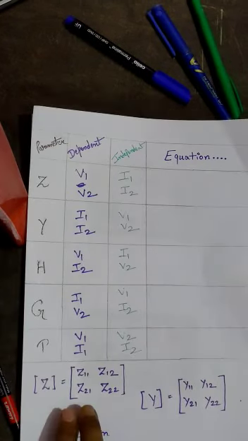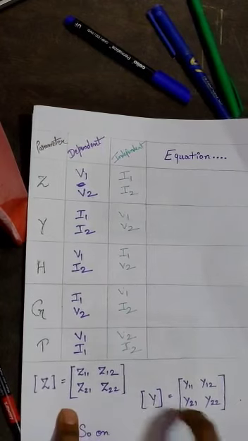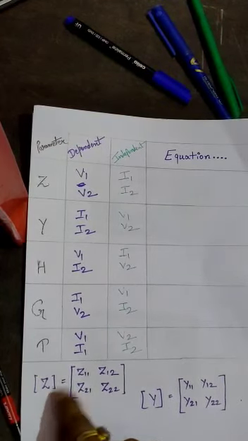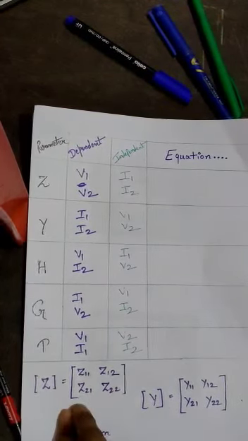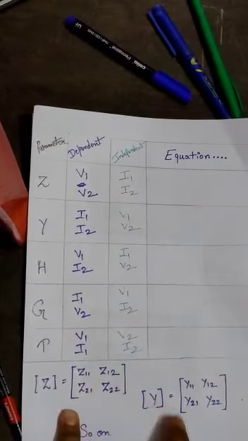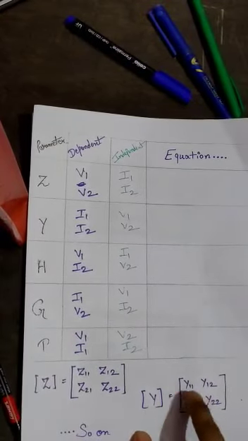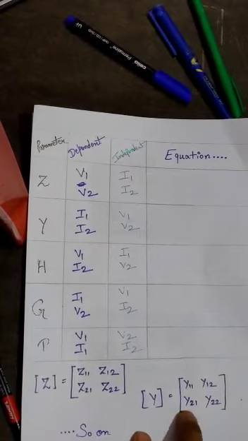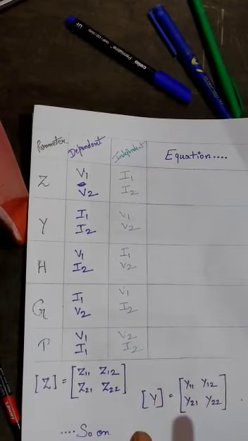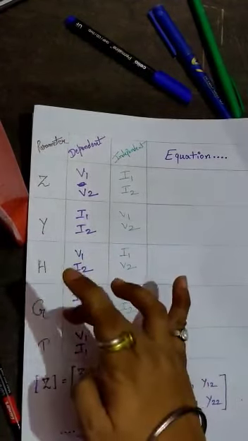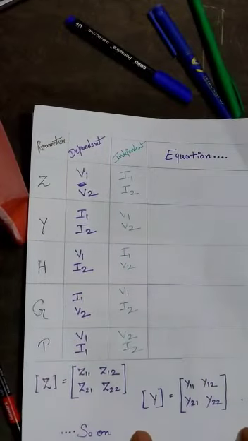Now the parameters are arranged in matrix form, like Z11, Z12, Z21, Z22, the same as for Y: admittance Y11, Y12, Y21, Y22. It is the same for hybrid, transmittance and conductance.